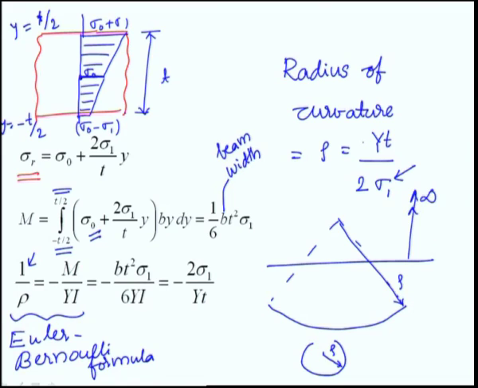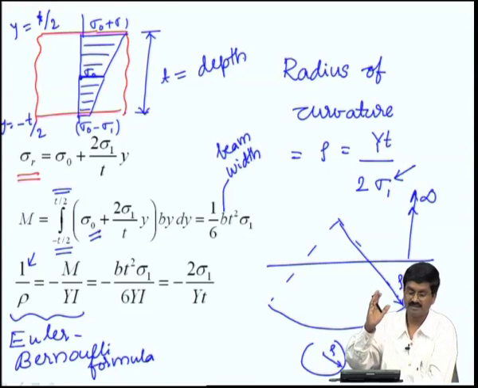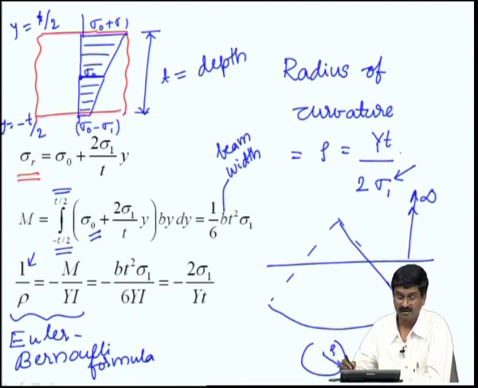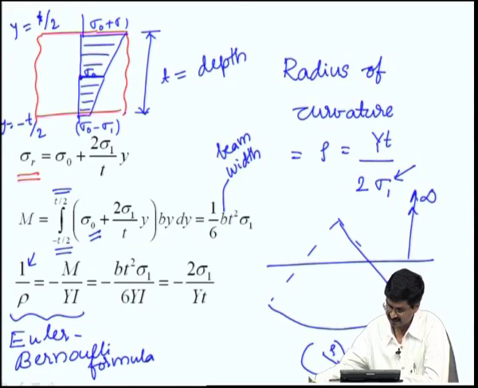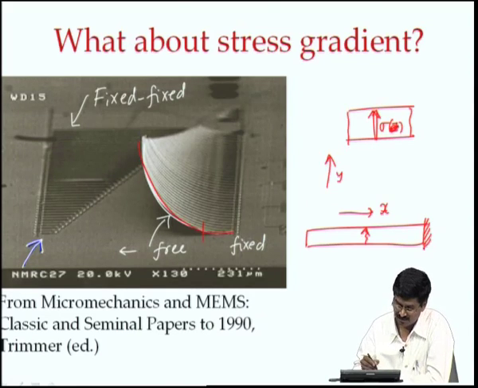That is known from common intuition: a material whose Young's modulus is very high resists bending, and when the depth of the beam T, that is the dimension of the beam in the direction of bending, is more, it will not deform much, and radius of curvature is very large. If it is less, then radius of curvature will be smaller, it will bend like this. Okay. So, that is the effect of residual stress gradient, and this residual stress gradient is what is causing these beams to deform as shown here.